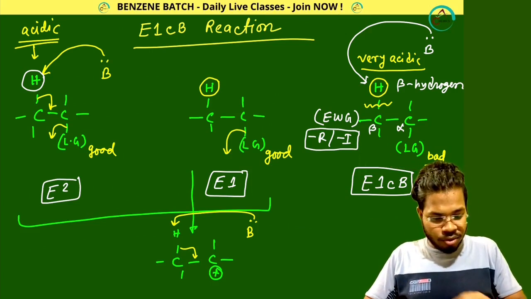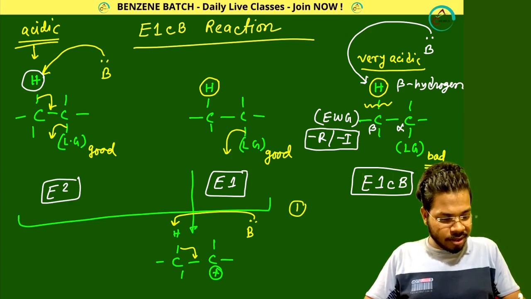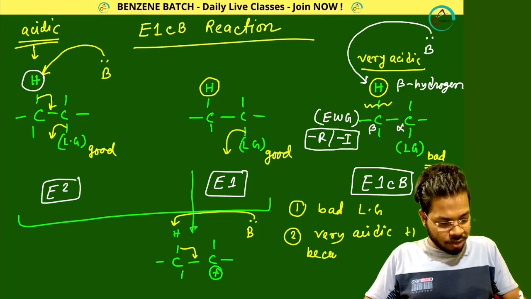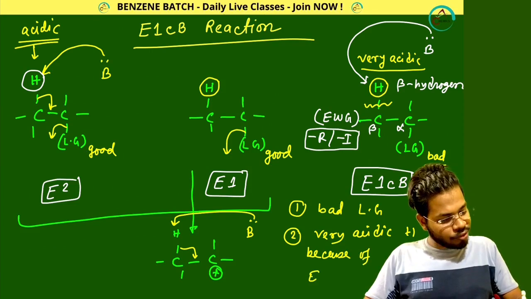Okay, so you have got two features. First feature, bad leaving group. Second feature, very acidic hydrogen because of electron withdrawing group on beta carbon.